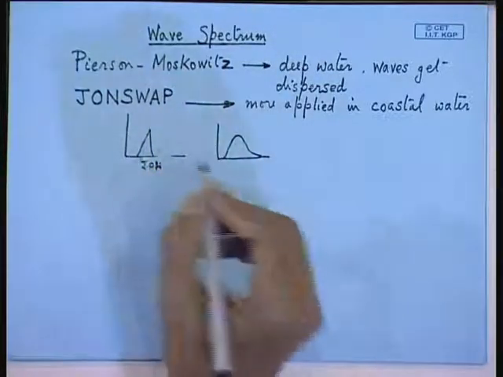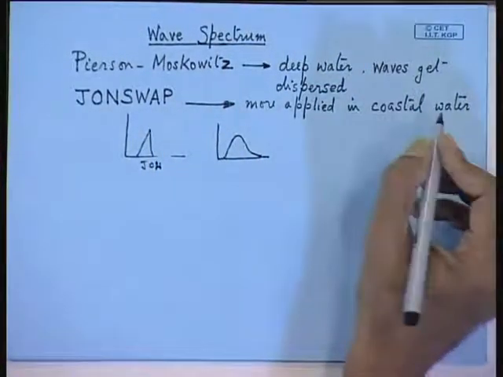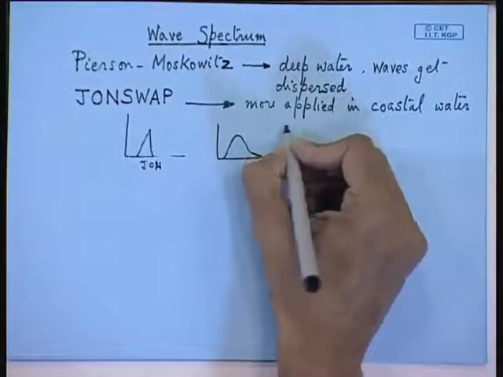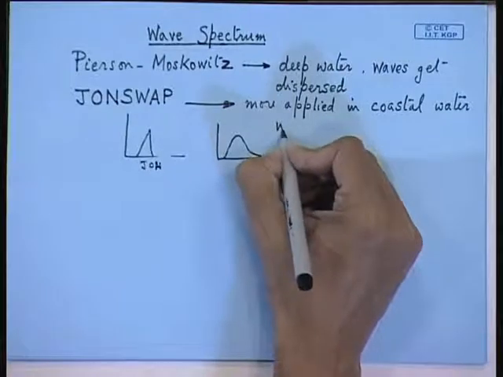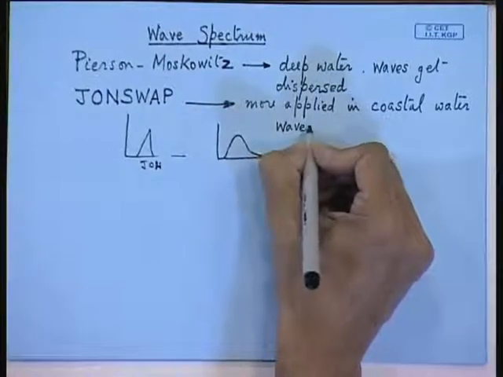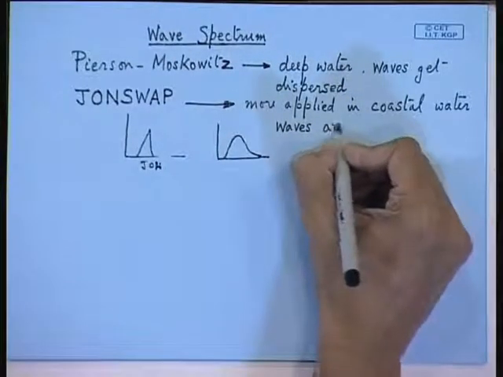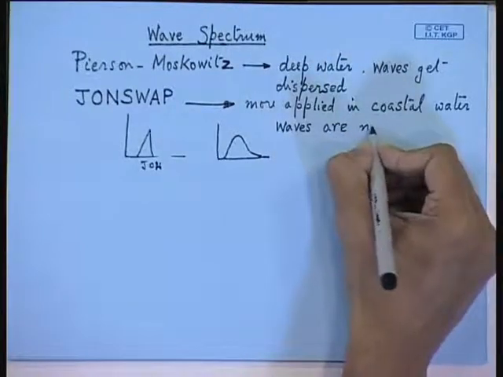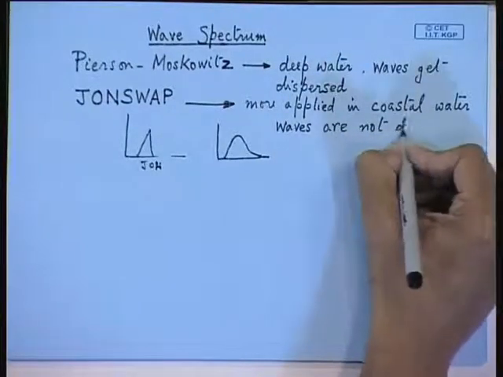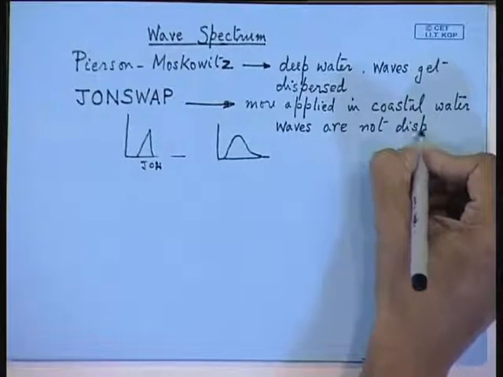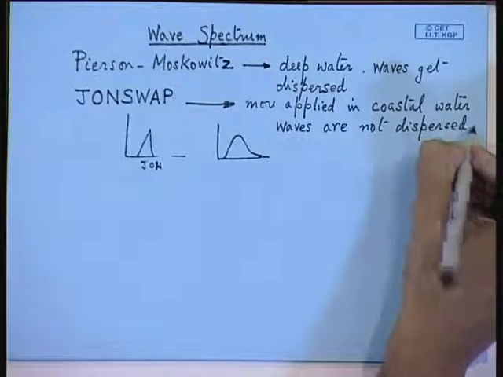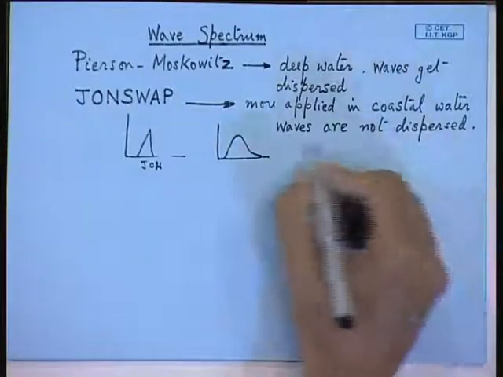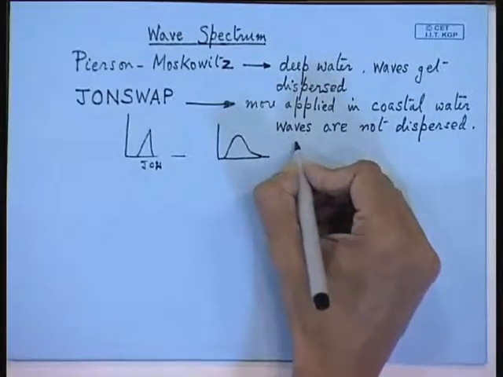So, here this is more applied in coastal waters, with the dispersion relationship, waves are not dispersed. Why?